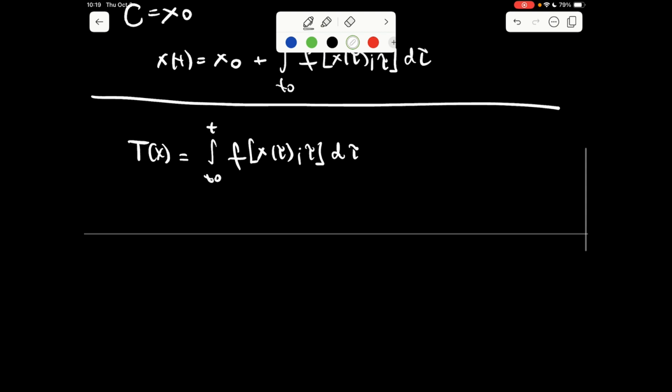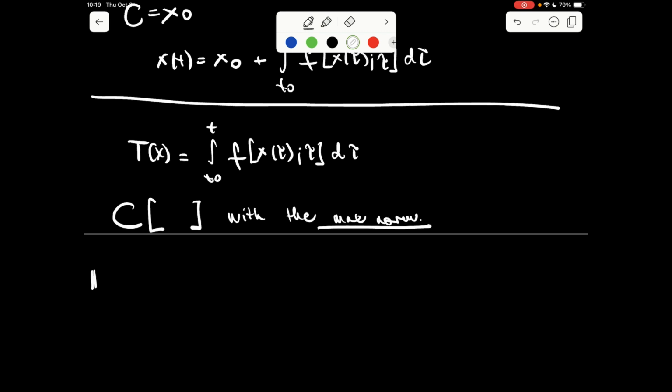Now, actually the space is the space of continuous functions with the max norm. With the max norm. So we can try to find the norm, this norm. Actually, this is the norm of this integral.